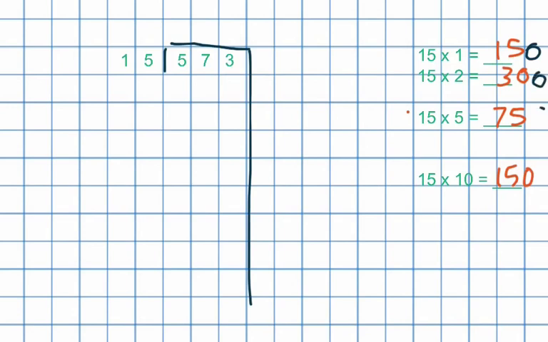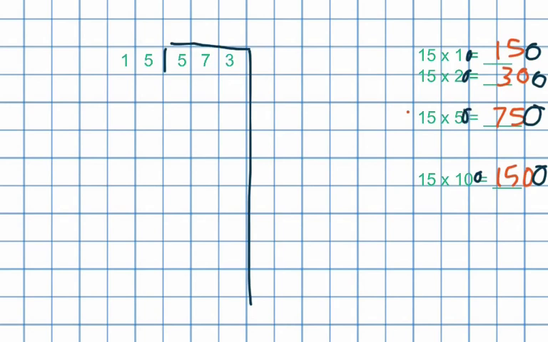A 0 to 75 would be 750. And a 0 to 150 would be 1,500. Since I added a 0 to the end, I know that's really 15 times 10, 15 times 20, 15 times 50, and 15 times 100. My 50 looks hurt.